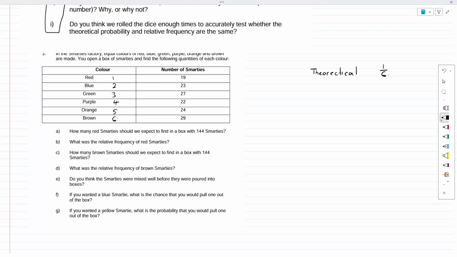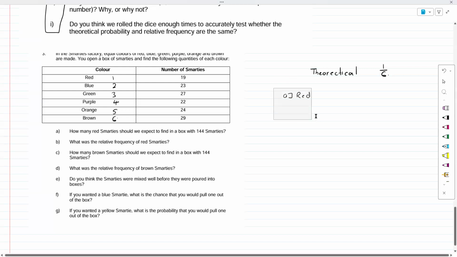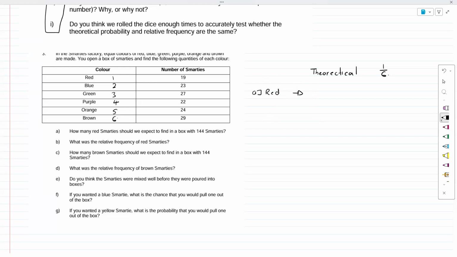Let's go with question A, how many red Smarties should we expect to find? When they say expect to find, it's theoretical. They told us the theoretical probability is 1 out of 6. So 1 out of 6 multiplied by the total, which is 144, and we should expect to find 24 red Smarties. But we don't find 24, and that's fine as well.